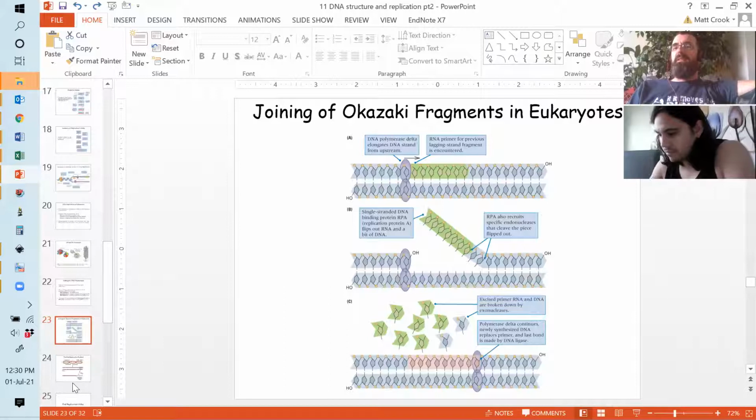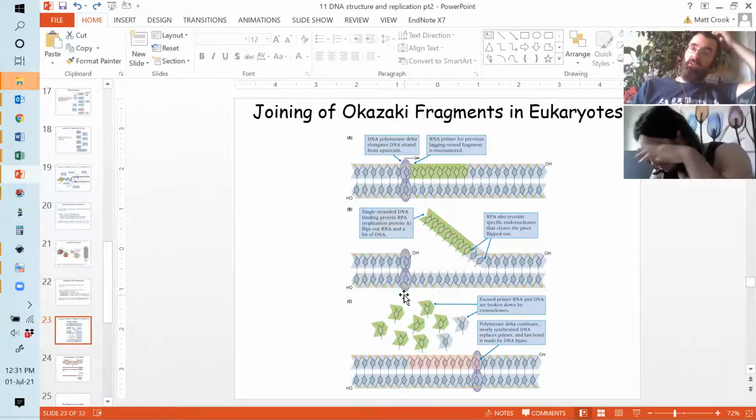So in eukaryotes, instead of the DNA polymerase 3 falling off when it hits an RNA primer and DNA polymerase 1 coming in, removing the primer and then adding the new bases, now what happens is we have our DNA polymerase delta, right, because it's the lagging strand, and it will hit the 5' end of the primer, basically.